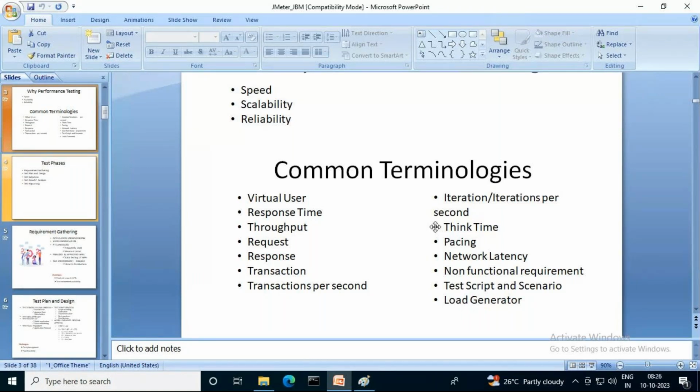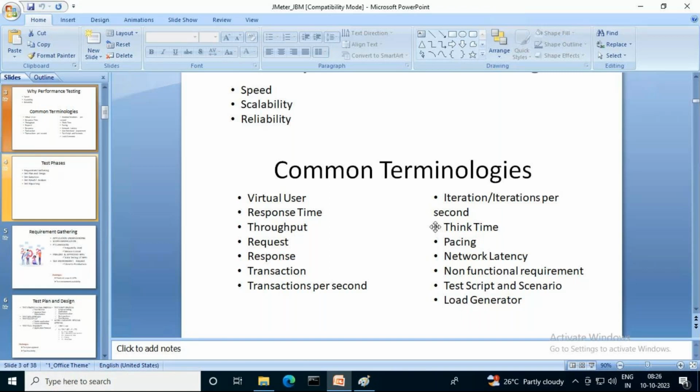Now when you do that business functionality one time only, as a real user purchasing a product, you are doing one iteration of your business scenario or user journey. But if you buy the same product again and again, you are conducting multiple iterations. Understood, all of you?